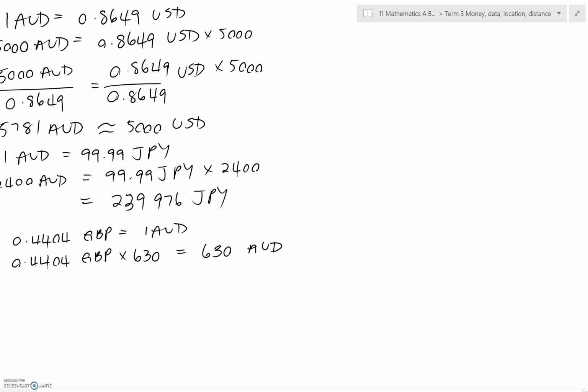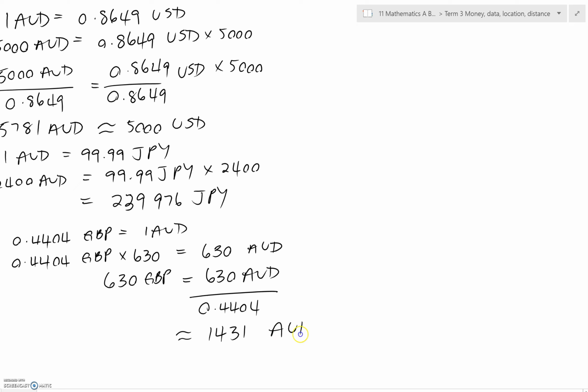We're not quite there. We need to just have 630 Great British Pounds on this side, so we need to get rid of that exchange rate. So we need to divide both sides by that. It's going to be around 1,431 Australian dollars, which is about right.